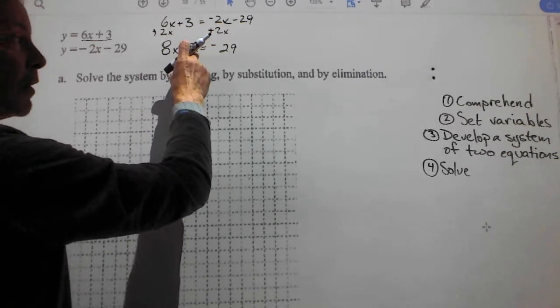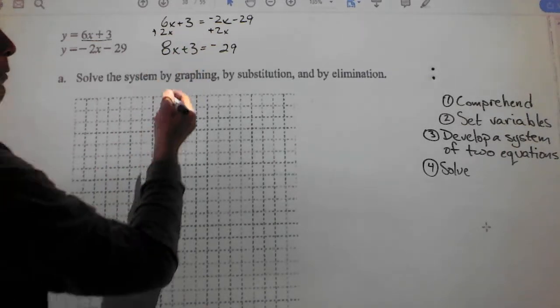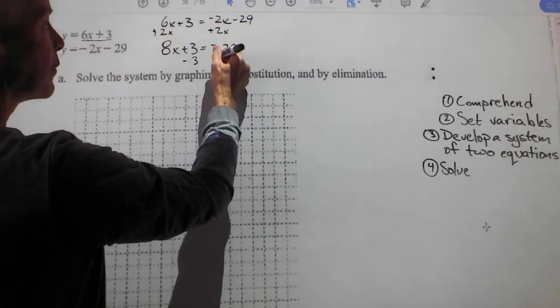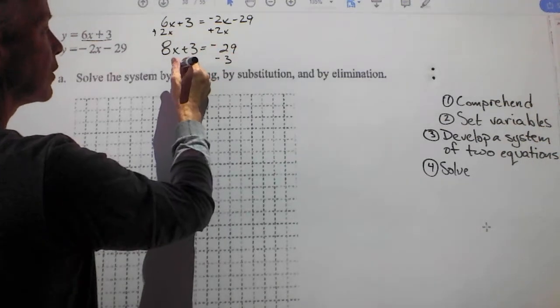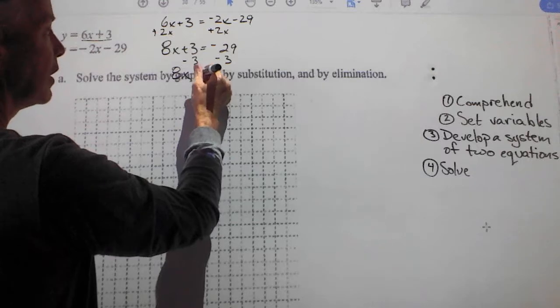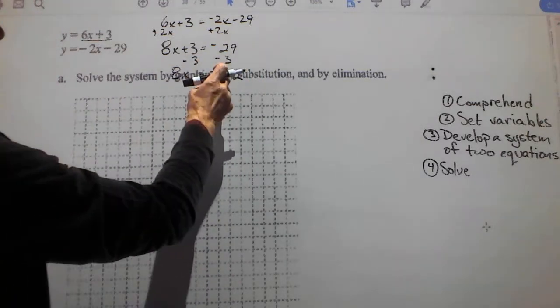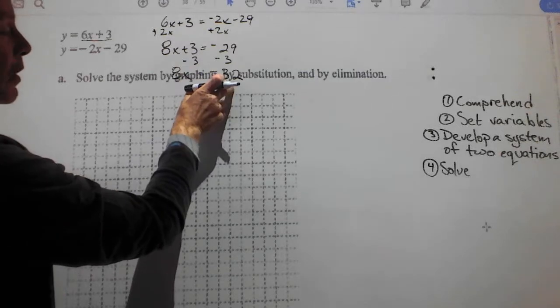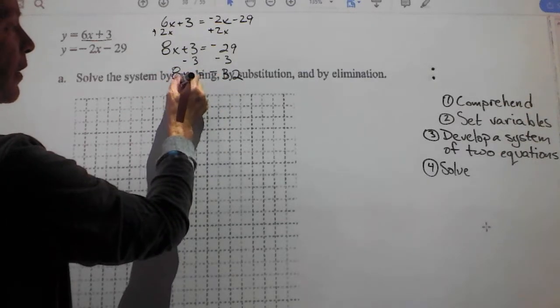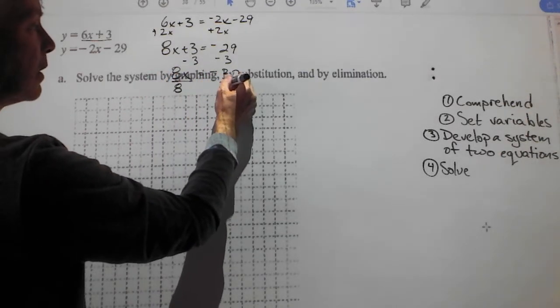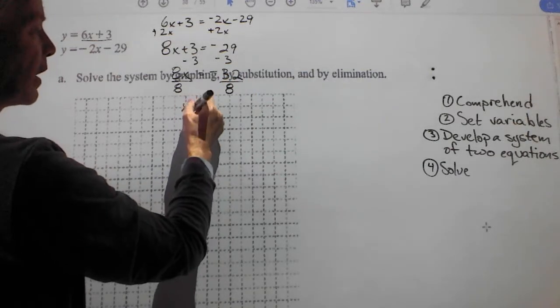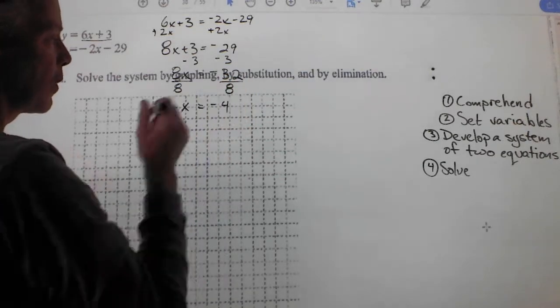So I'm going to get rid of this 3 because it involves adding and subtracting. We have to do that first. That gives us 8x equals negative 32. Dividing through by 8 gives me x equals negative 4.